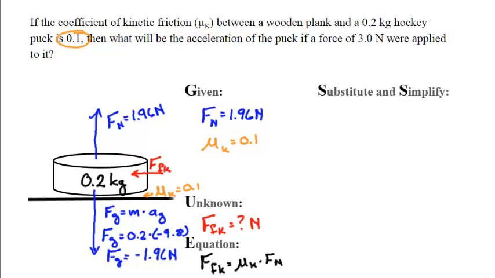All right, and then I can replace letters with numbers. I do not know what my force of friction kinetic is, but I do know that it equals 0.1 times 1.96.